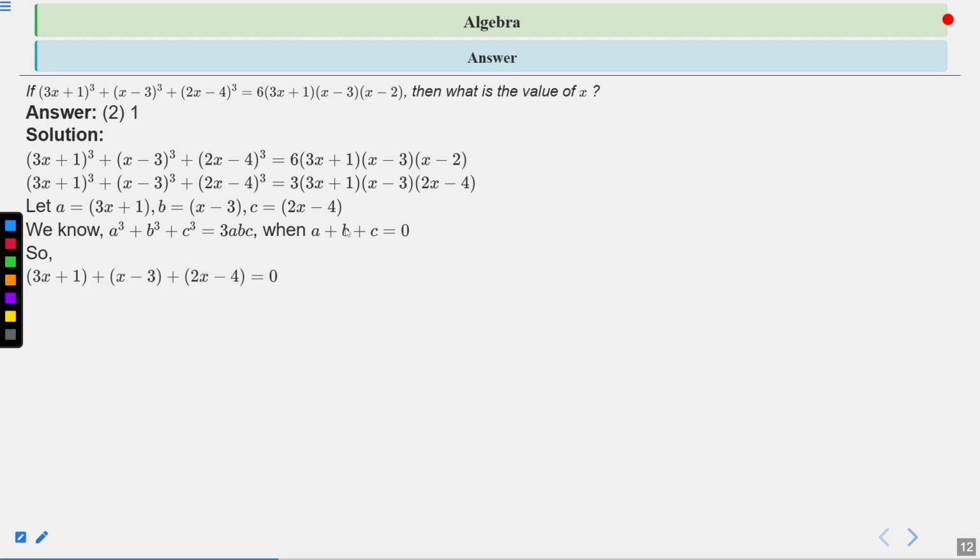So when we add all of a, b, c, it means 3x plus 1 plus x minus 3 plus 2x minus 4 equals 0. So what do we get? We get 6x minus 6 equals 0. So 6x equals 6, or we can say that the value of x equals 1. So the value of x is 1.